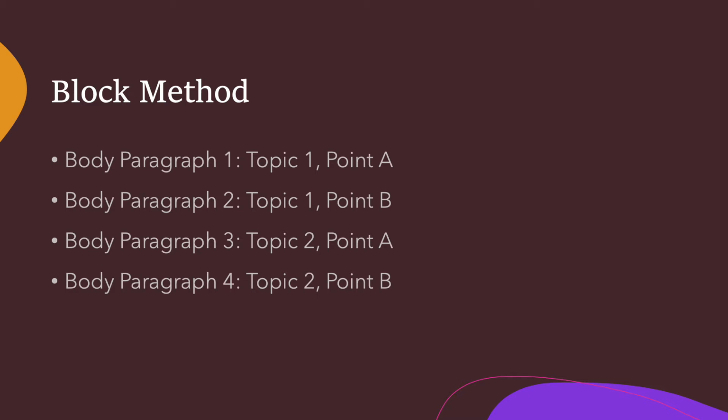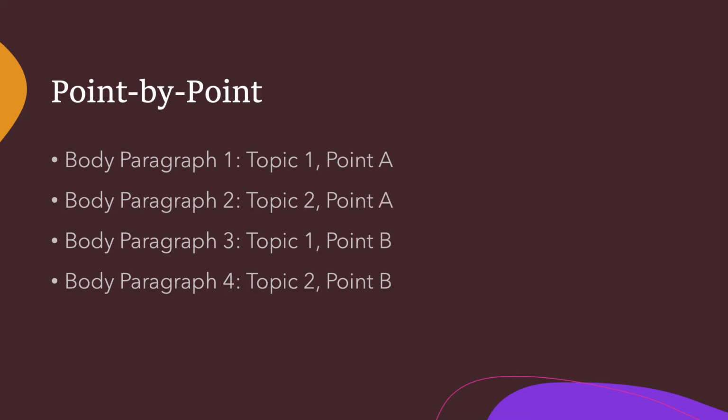Then body paragraph 3 is going to move to topic 2 and discuss topic 2 in terms of point A. Body paragraph 4 is going to discuss topic 2 in terms of point B. So this is what I meant earlier when I said each of the paragraphs is going to discuss the topic through the lens of one point. You don't want any mixing and matching here. Each body paragraph should only discuss your topic and the point that you identify in the topic sentence as the one that this paragraph will discuss.